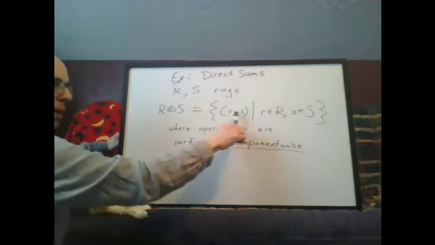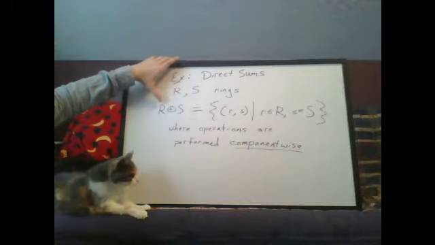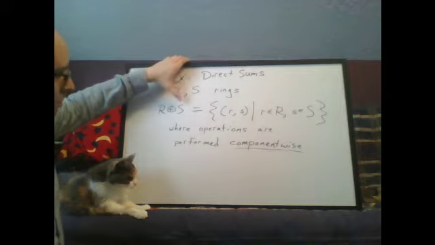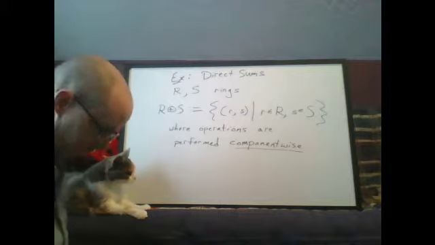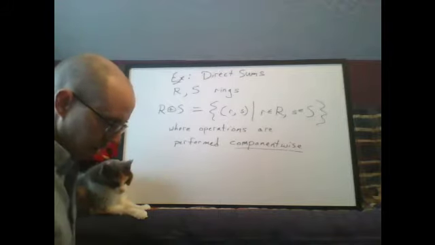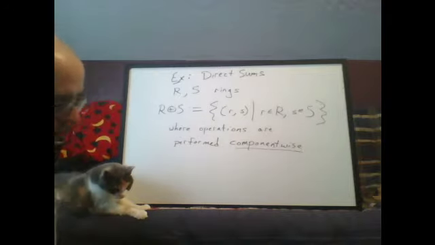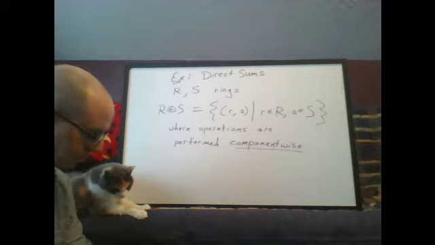So the way I multiply two of these things is to multiply the first components, and that's occurring inside of R. The way I multiply the second coordinates is with multiplication in S, and same with addition. All right, so these are just other constructions for how to come up with more examples of rings from simple examples.